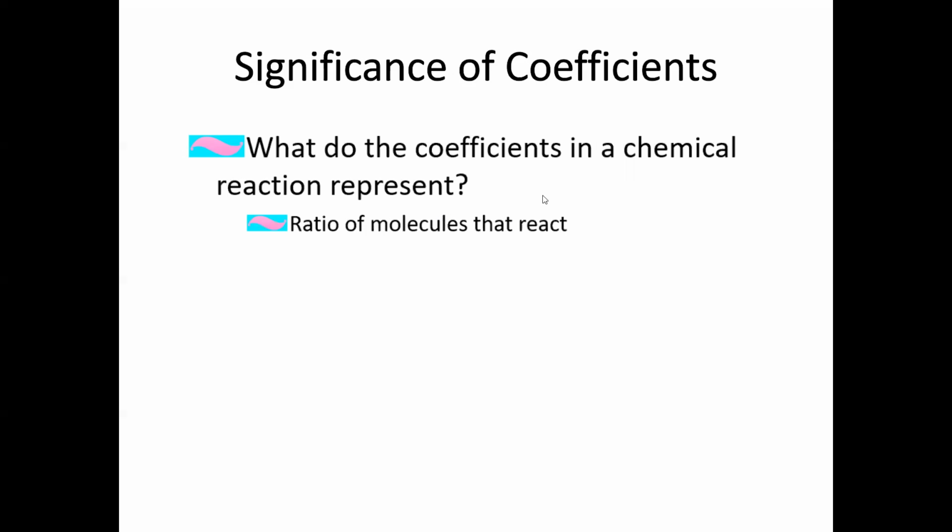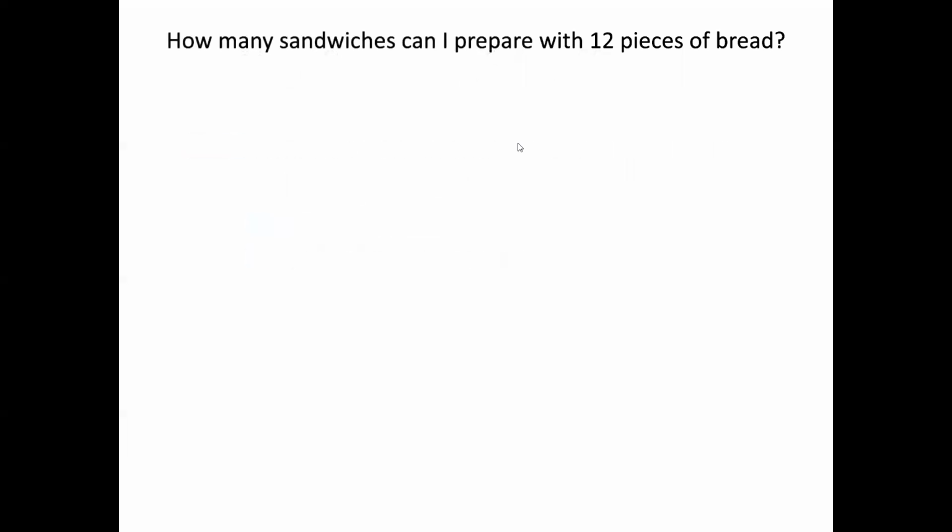But since it's the ratio of individual units, that also is the ratio of moles, since moles is just a giant dozen. So when we think about it, it's back to that, how many sandwiches can I prepare with 12 slices of bread? We're going to do this ratio math, and when we do it longhand, it's very tedious feeling.